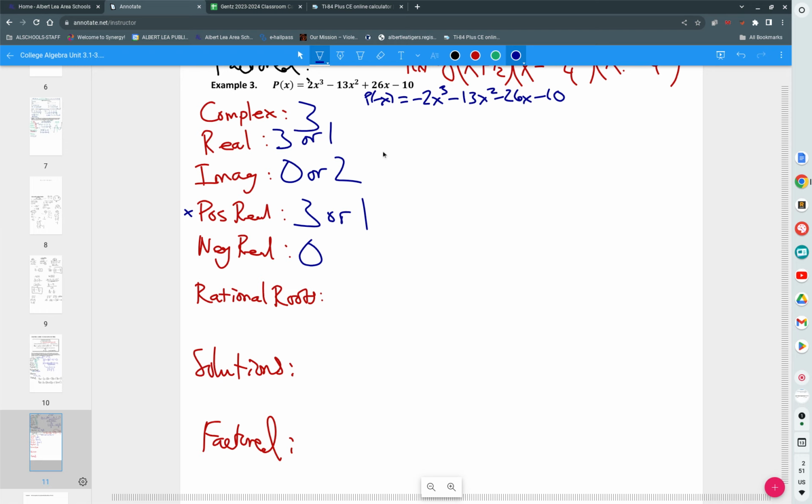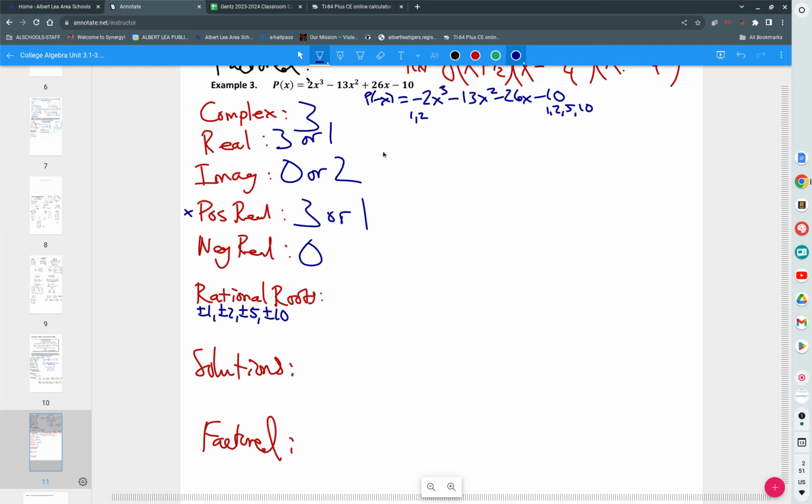All right, let's list the rational roots. We've got 1, 2, 5, and 10, and up front we've got 1 and 2. So if I take 1, 2, 5, and 10 and divide them by 1, I've got plus or minus 1, plus or minus 2, plus or minus 5, and plus or minus 10.